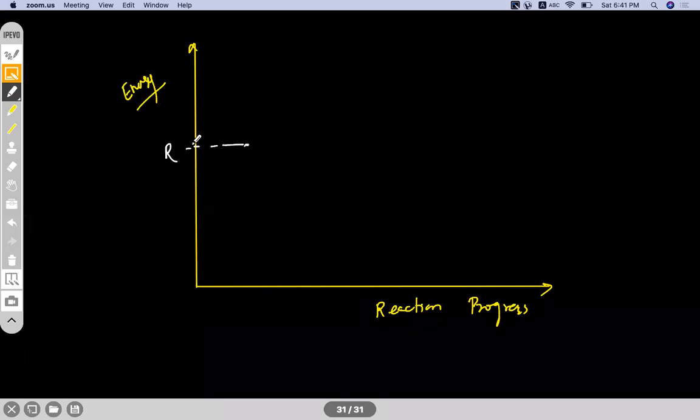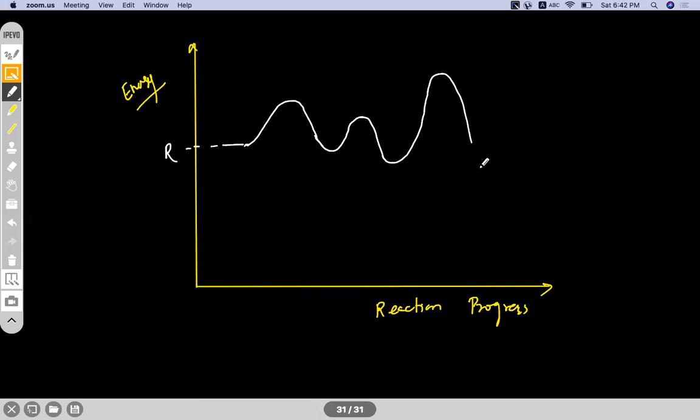The first step is a fast step. Suppose it goes like this, then again like this, and then the third step is this. Overall it comes down, because I know the reaction is exothermic, so the energy of the product should be lesser than the energy of the reactant.